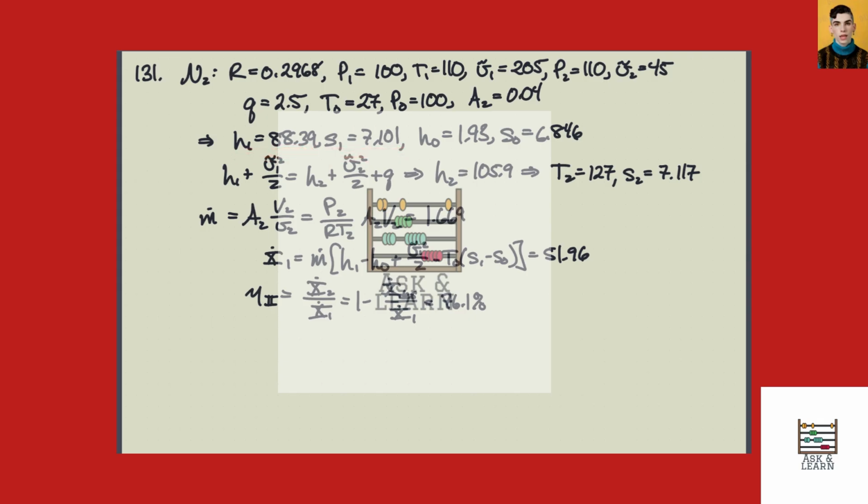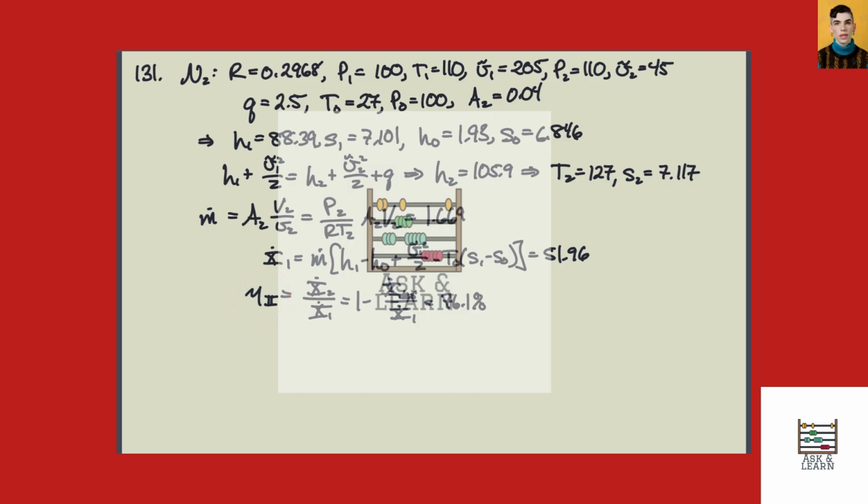And then we also have the enthalpy and the entropy of nitrogen at the surrounding conditions. They wanted to know about exergy at the inlet, so we needed that at some point to get the second law efficiency.